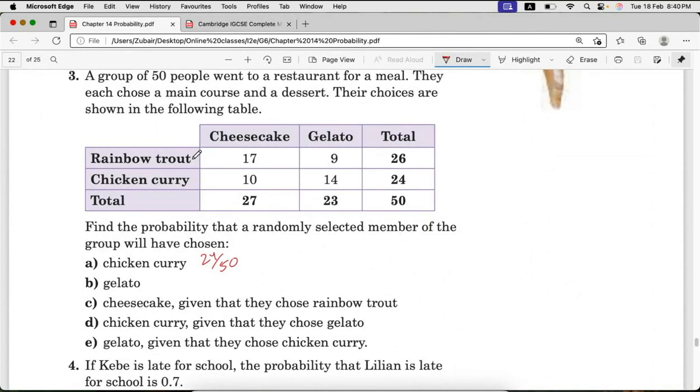B, and gelato is 23 by 50. And B is 23 by 50 and C is 17 by 26.